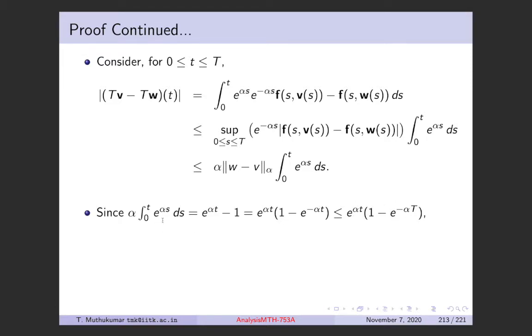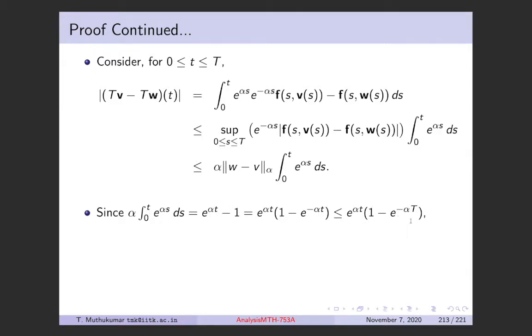If you just integrate this, alpha times this integral can be shown to be this, right? Because you know how to integrate: the derivative of e power alpha is alpha e power alpha. So you can integrate this as well, right? So integral of this, there's an alpha, this alpha will cancel out. Now if you take the limit values, you have this.